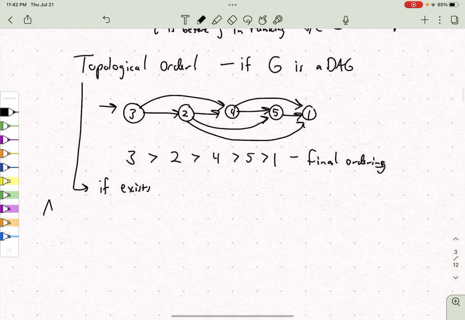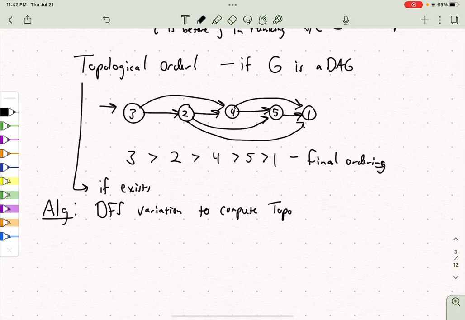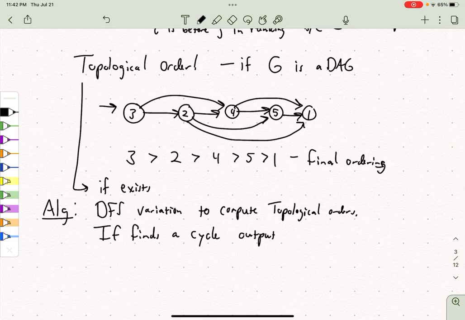And so what's the algorithm? Well, we're going to use the DFS variation from the textbook that computes topological orders. But we'll also modify it slightly to say if it finds a cycle, then it'll output no ranking exists.